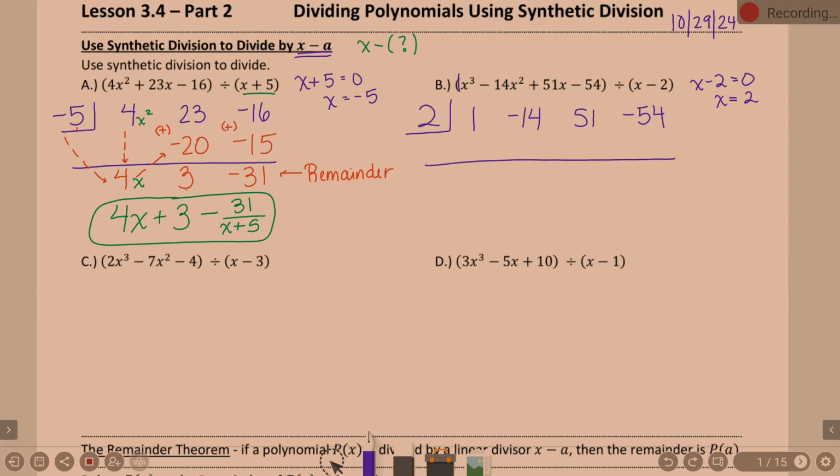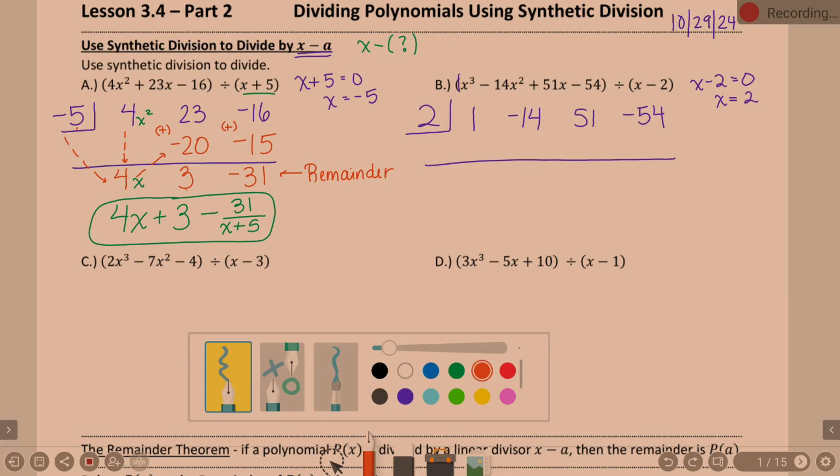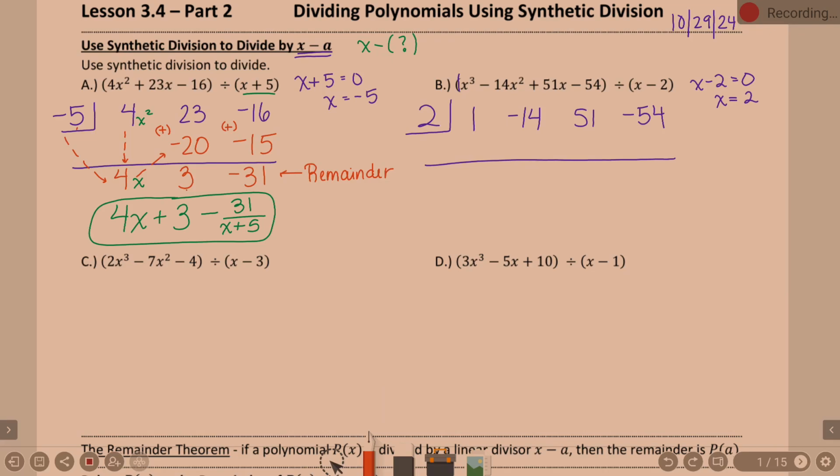Leave yourself room for a row of numbers and draw your line. Okay, do you remember your process? Always start by dropping that first number down. First number I'm dropping down is 1.